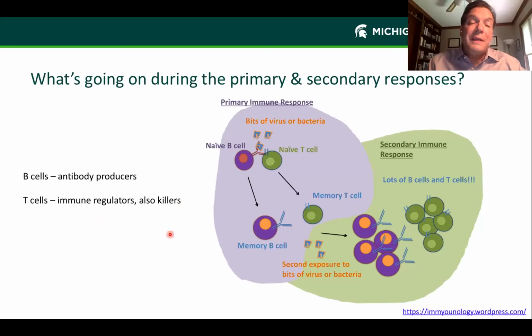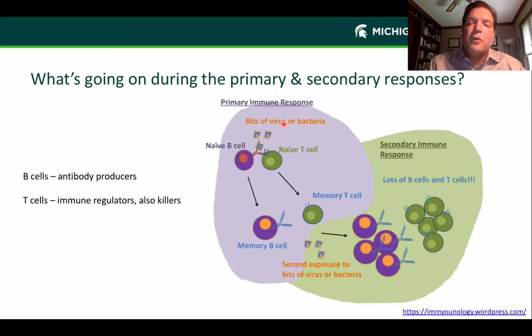They also can be killers. So T cells can be activated to kill infected cells in our body before those infected cells can release virus and let other cells become infected. T cells can also be trained to kill cancer cells, and T cell cancer therapy is a very active form of research and development for cancer immunotherapeutics.